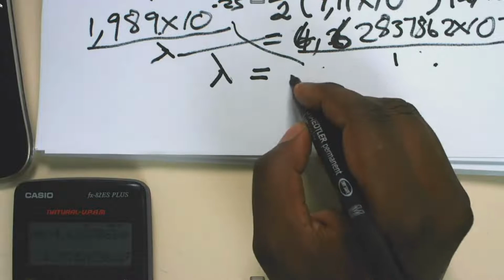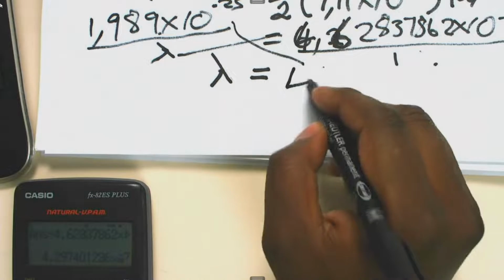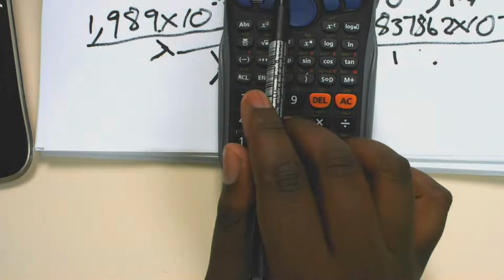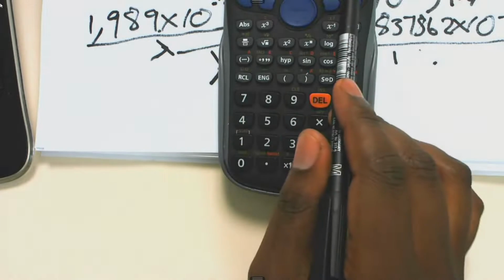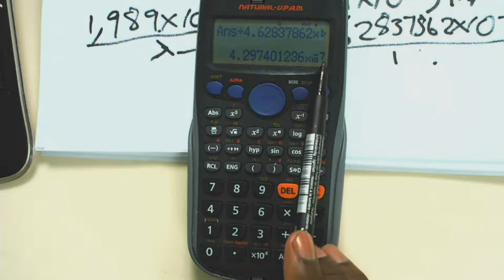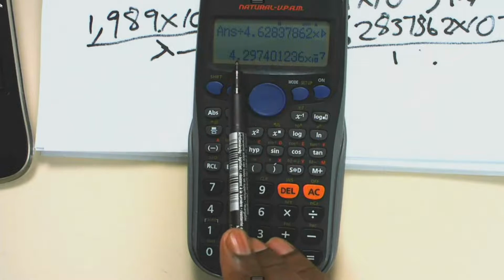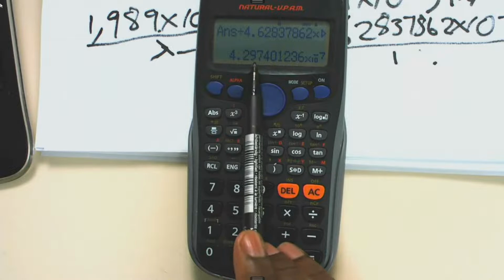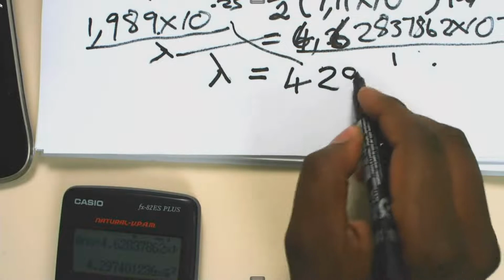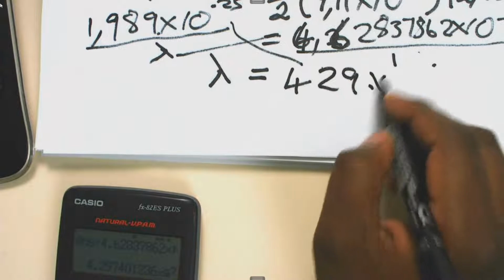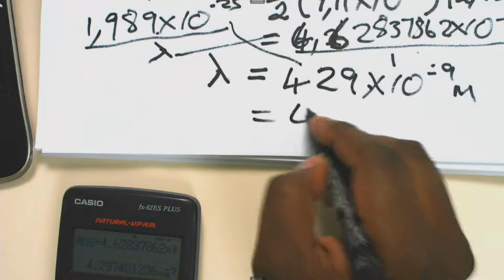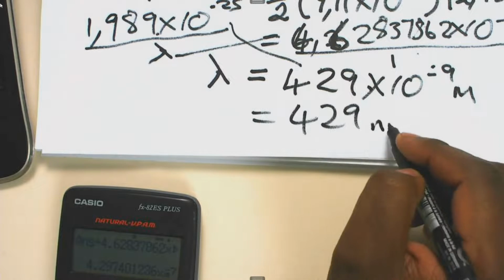We get our answer as 4. I'll move this just to express it in nano, because here it is minus 7, but we want to have minus 9. To have minus 9, it means this comma, I'll move it 2 decimals, and then we'll have 429 nanometers, or times 10 to the power minus 9 meters, and then it is 429 nanometers.